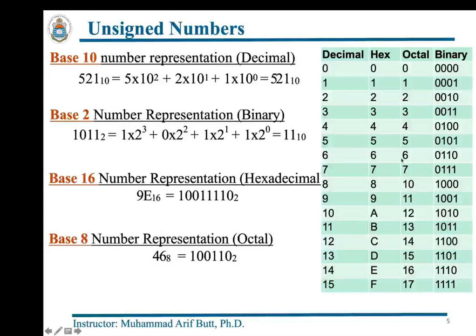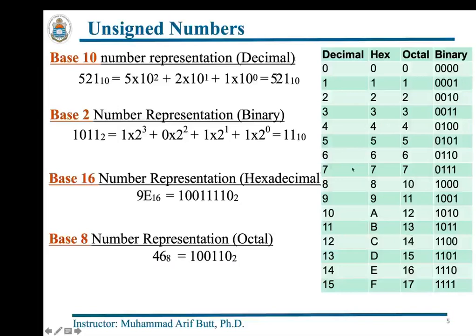And this table over here shows the first 16 unsigned decimal numbers, 0 to 15, and their hex, octal, and binary equivalents. Remember, as far as the hex is concerned, hex has 16 symbols, so 0 to F. In octal, we have symbols up to 7, so here we move on to two digits.